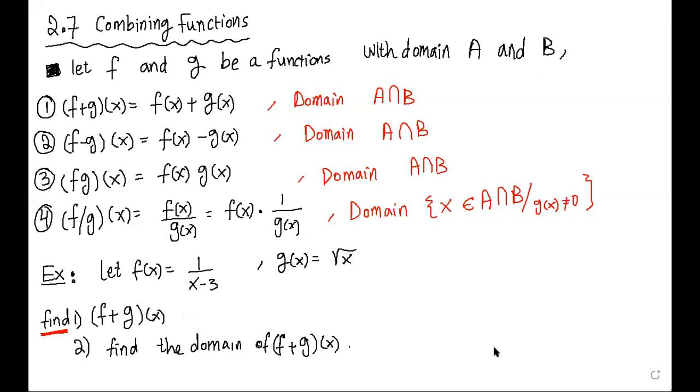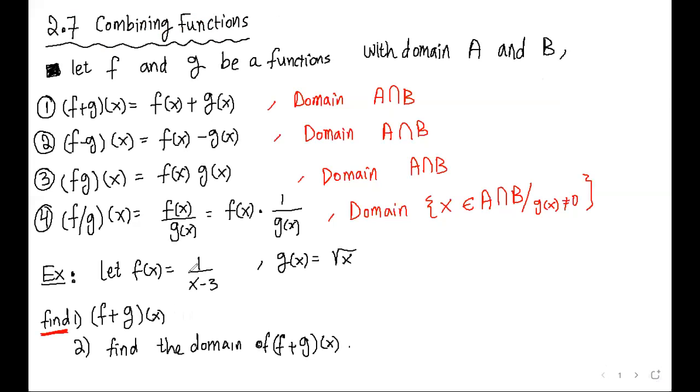So the first one, like he says, number one, (f plus g)(x) is f(x) plus g(x). Now, what's f(x)? 1 over x minus 3.